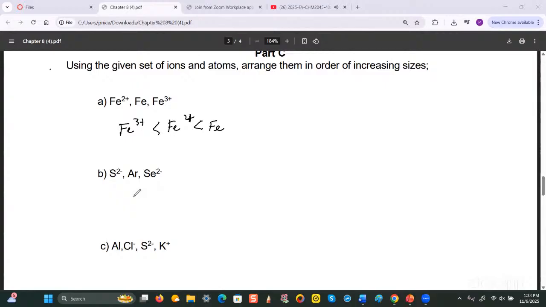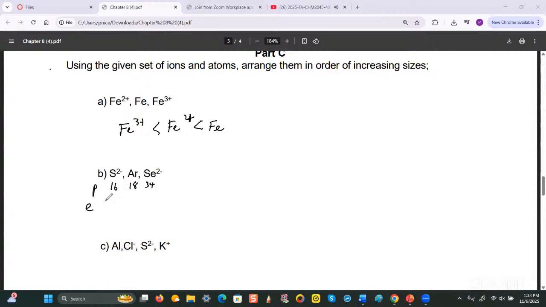All right. Now, as I said before, when it comes to these structures, I like to look at the number of protons and electrons, right? So in terms of the protons, sulfide will contain 16, argon will contain 18, and the selenide will contain 34, right?